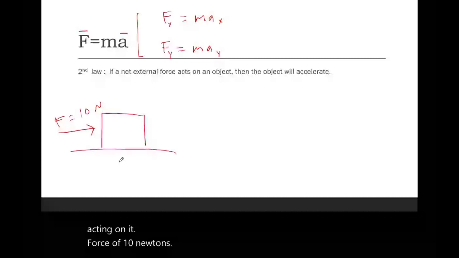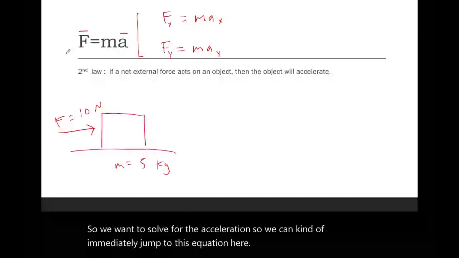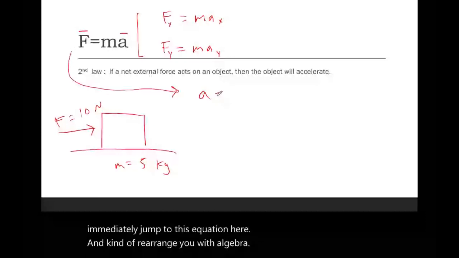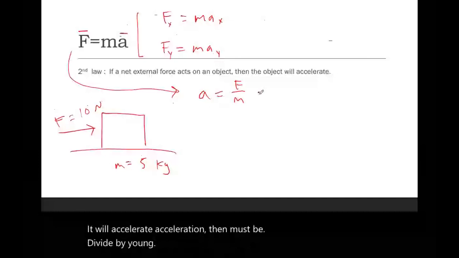So we want to solve for the acceleration, so we can jump to this equation here and rearrange it with algebra. Acceleration must be F divided by m. The force is 10 newtons, so we have 10 divided by 5.